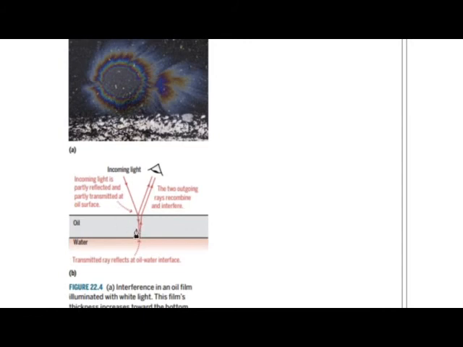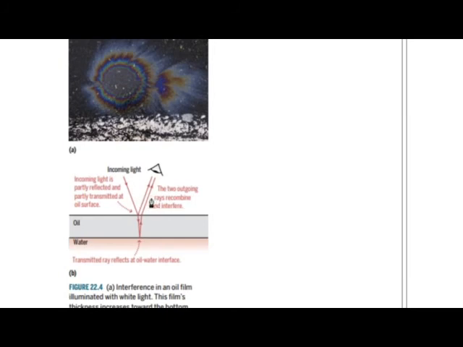Here there's a reflection between oil and water, a reflection at the interface between air and oil, or at the interface between oil and water. Now, the outgoing waves, the wave that was reflected from the top surface and the wave that was reflected from the bottom surface, will overlap.